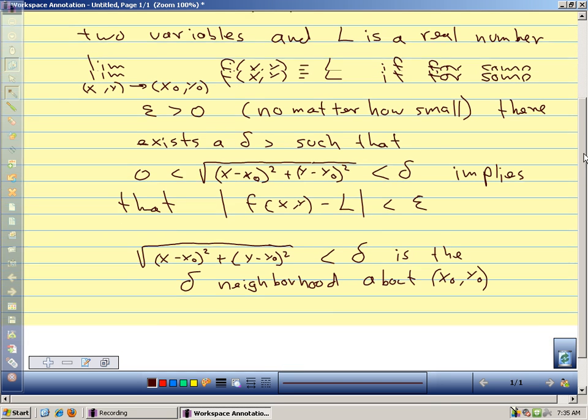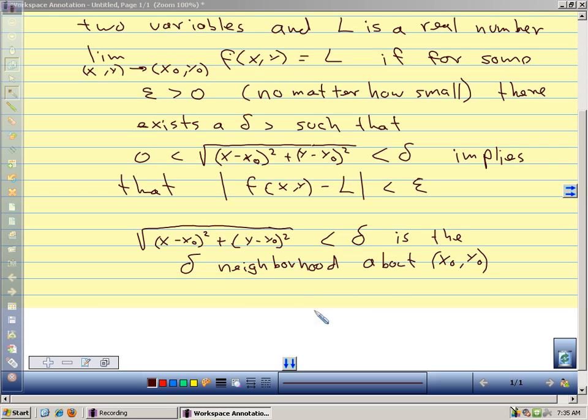It's also called the open disk. Open disk is the way that I normally heard it. We'll draw a picture here in just a second to look at what this means geometrically. So this is an open disk about (x0,y0) with radius delta.